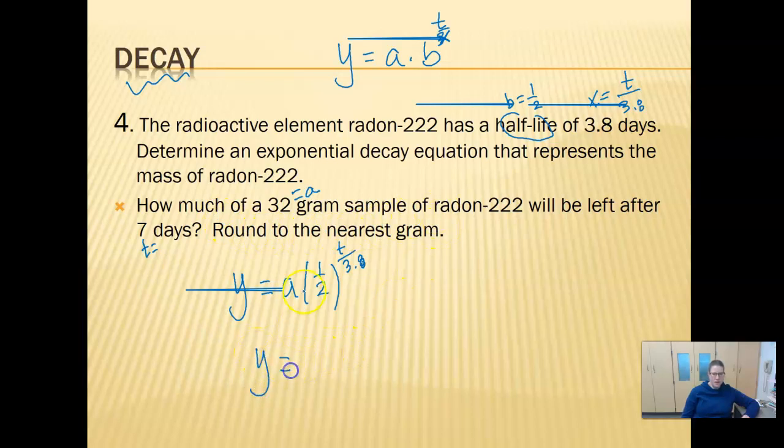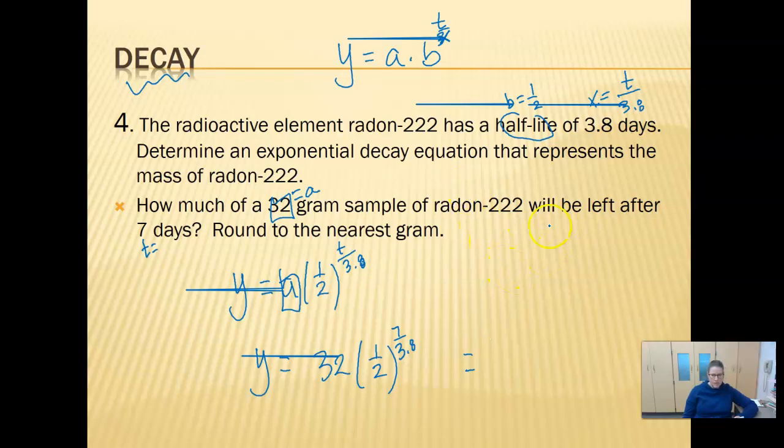So if I plug in 32 for A, so 32 times 1/2, and then, let's see, how much time went past? Oh yes, 7 days, so 7 over 3.8. So let's go ahead and enter that in my calculator. 0.5 raised to the power of 7 divided by 3.8, and I'm just going to hit enter there, and then times 32.